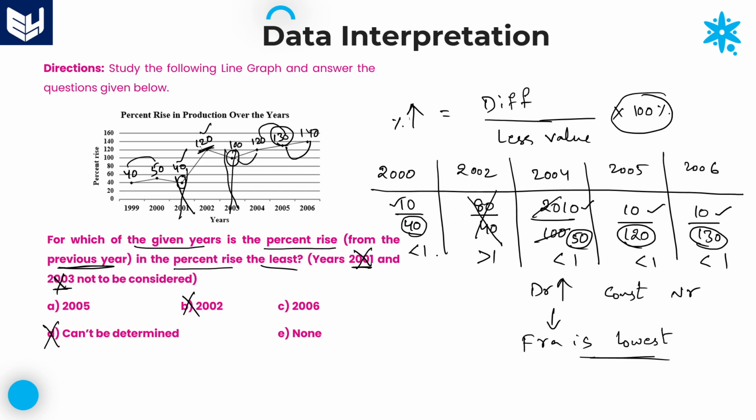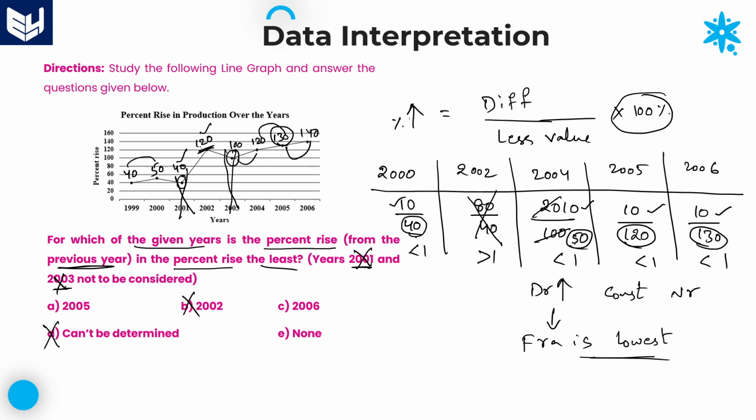So check for which year the denominator is highest. As the numerator values are constant in each and every year, 2000, 2004, 2005, 2006, I am just comparing the denominator values.